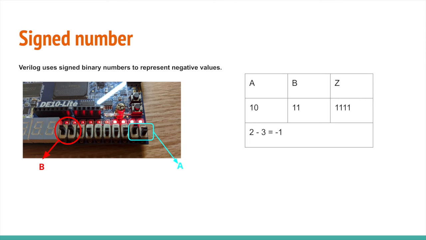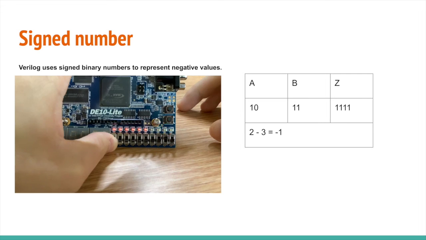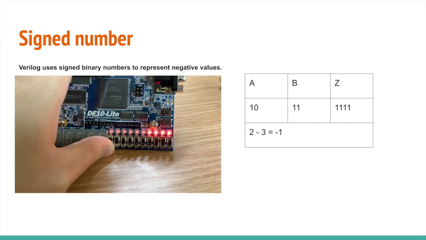What about signed numbers? In this case, the value of our A is 10, which is 2, and the value of our B is 11, which is 3, and 2 minus 3 equals -1. So we are expecting a result of -1. Let's check our answer. So we have 1111. It's a signed 4-digit binary number.